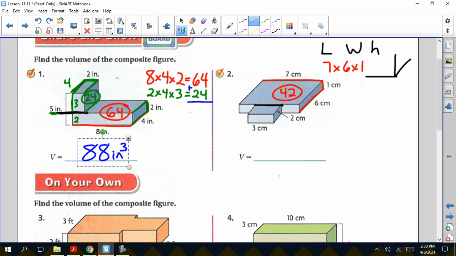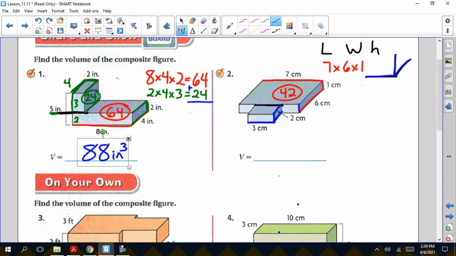Now we're looking at the front rectangular prism. Again, we need length, width, and height. The length is 3 centimeters. The width is the same as this line, which they're telling us is 2 centimeters, but we don't have the height. So we have to look around to see this same measurement.